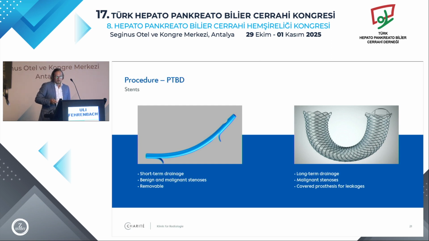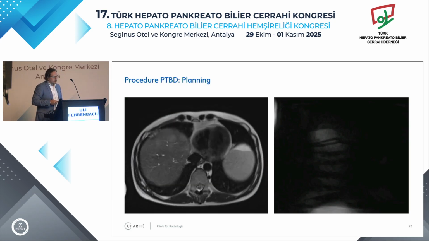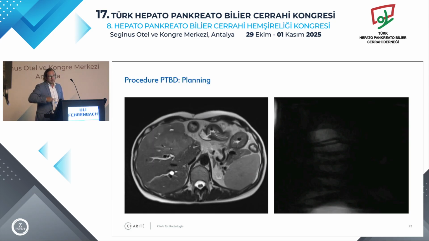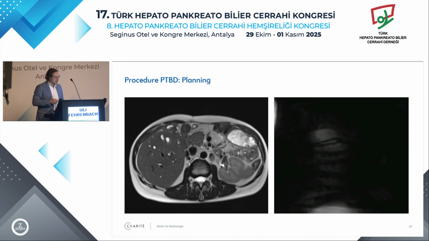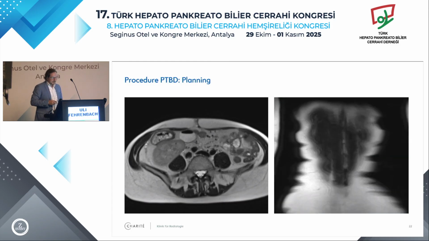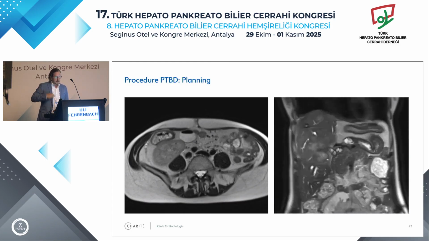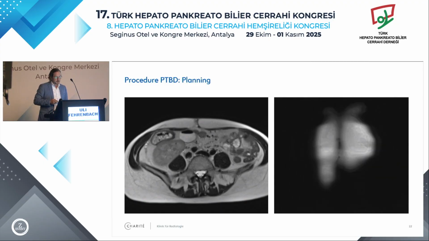And now I want to show you some standard cases. Most of the times we have an MRI available for planning the procedure. In this case, it's a case with dilated ducts because of a tumor compression in a recurrence of a cholangiocarcinoma.